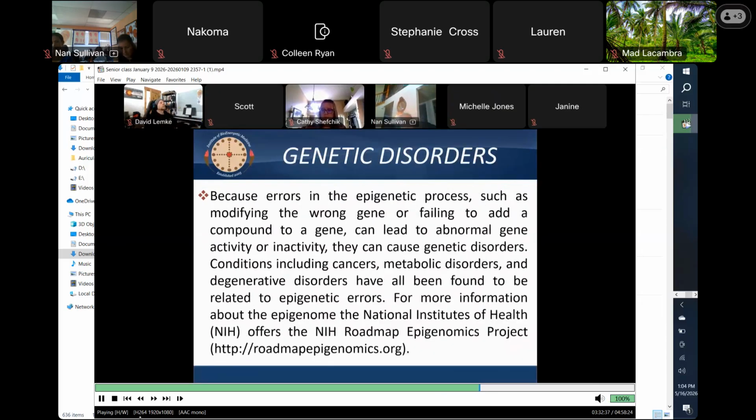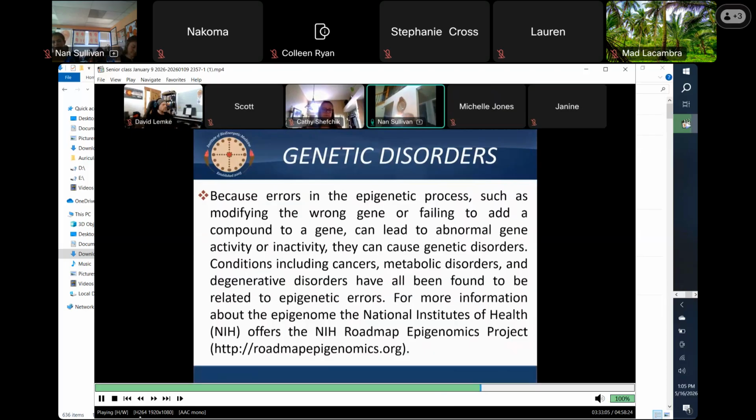Because errors in the epigenetic process, such as modifying the wrong gene or failing to add a compound to a gene, can lead to abnormal gene activity or inactivity, they can cause genetic disorders. Conditions including cancers, metabolic disorders, and degenerative disorders have all been found to be related to epigenetic errors.